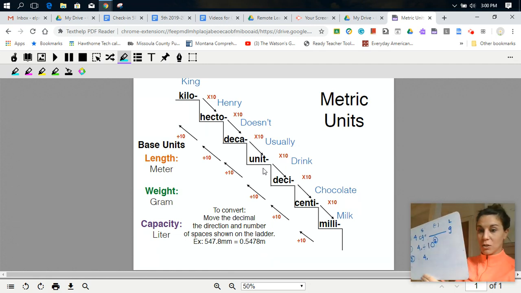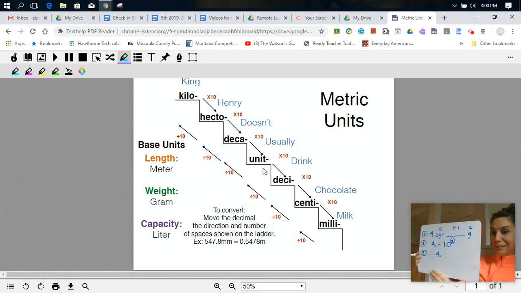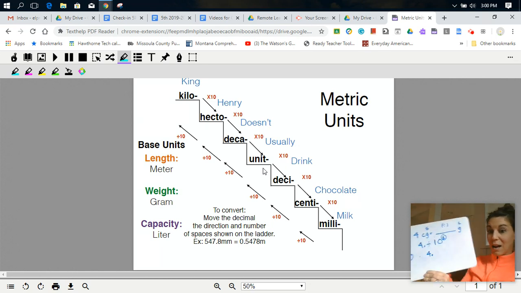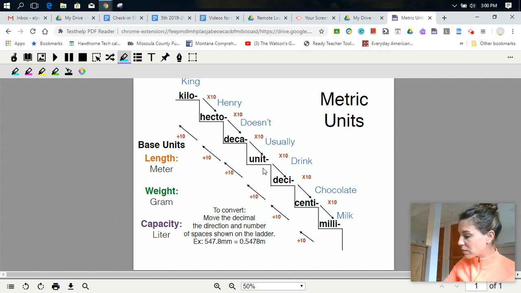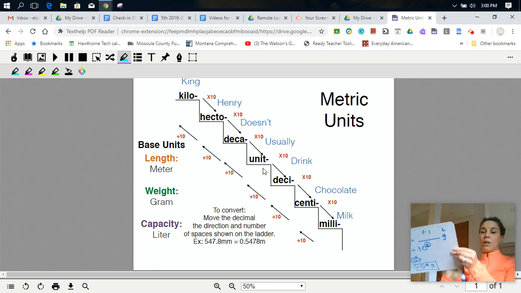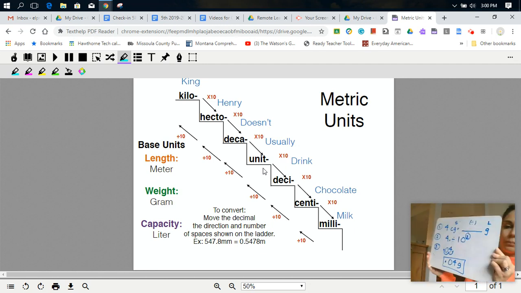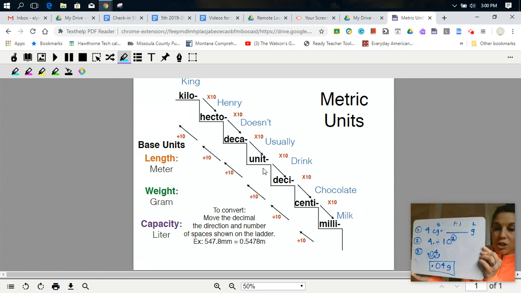So my exponent shows me. Okay, and now I'm going to shift it to the left twice. So 1, 2, which means I'd have to put a 0 there. Okay, so my answer is going to be 4/100ths of a gram, right? So all I did is shift it to the left twice.